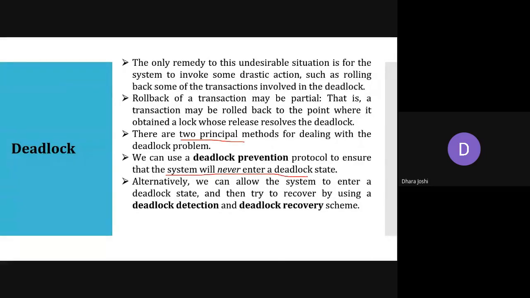And the other way, suppose we have entered the deadlock state, then what do we need to do? First, we need to detect that yes, this is a deadlock situation. And then we have some strategies, some protocols, to recover from it. So we have two main approaches: deadlock prevention, and deadlock detection and deadlock recovery.